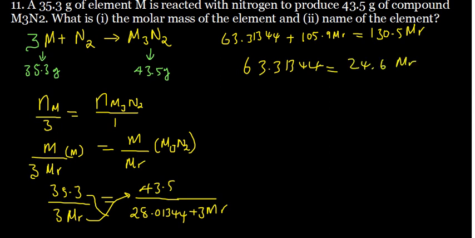So to remain with the molar mass of M, we'll just divide both sides by 24.6. 63.3144 divided by 24.6. That gets to give me 2.573. Okay, so that is the value that I'm getting for this one.